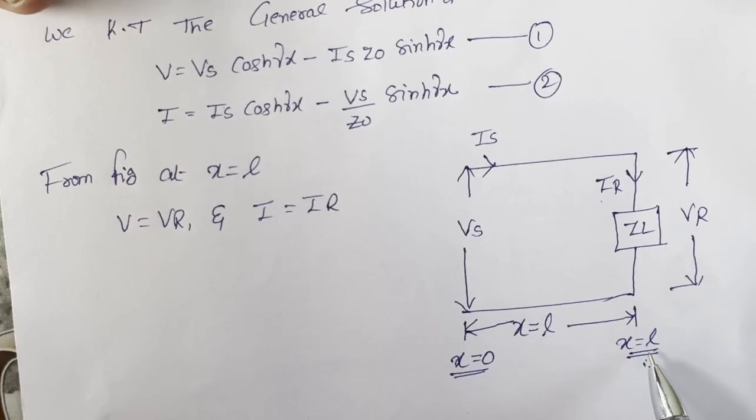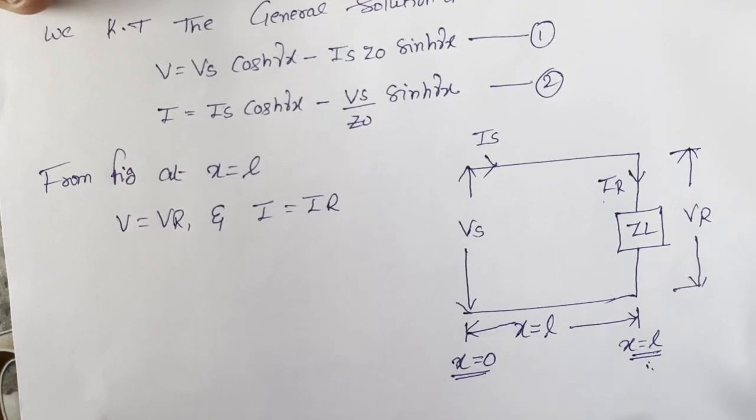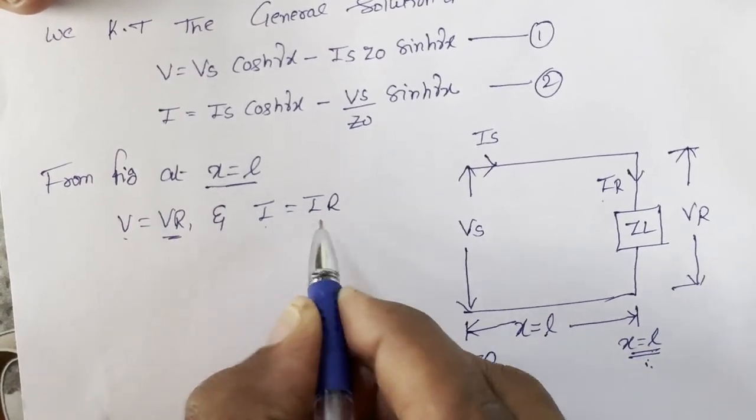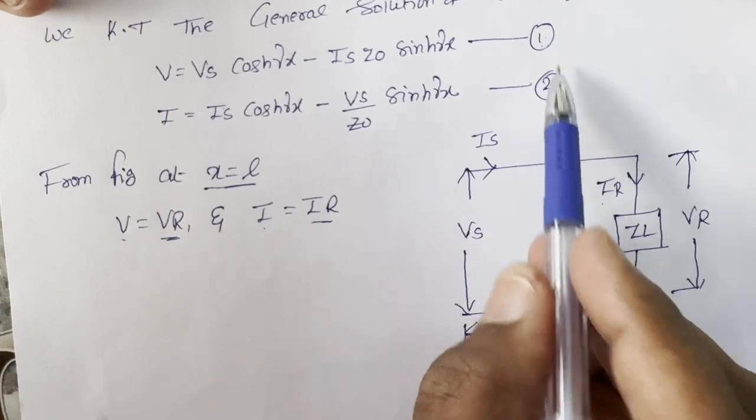Now I am substituting these two values, that is at x equal to L, V equal to Vr and I equal to IR, in equations 1 and 2.